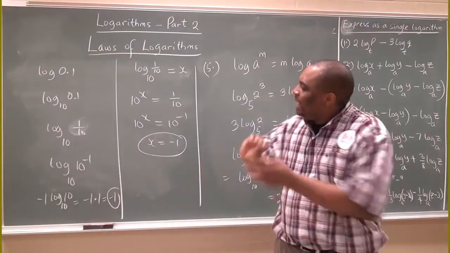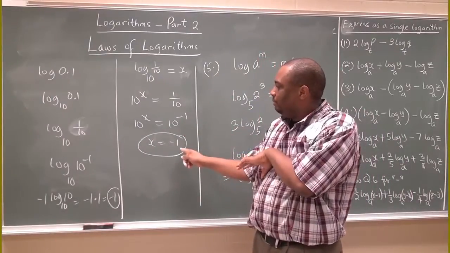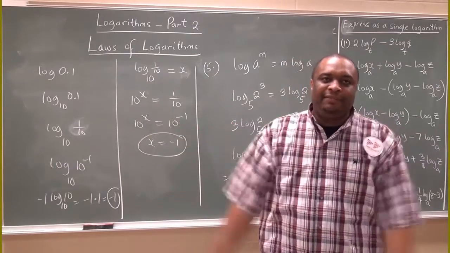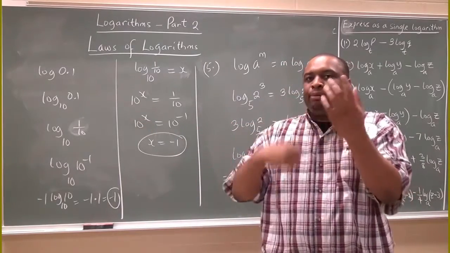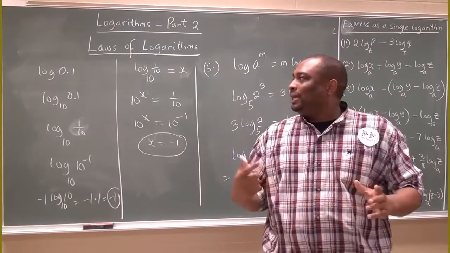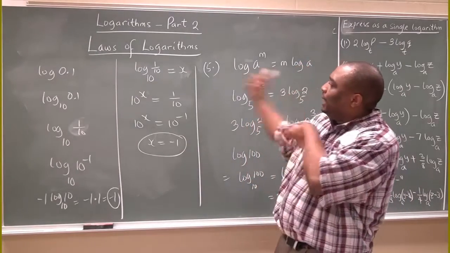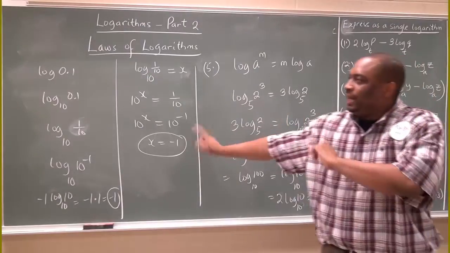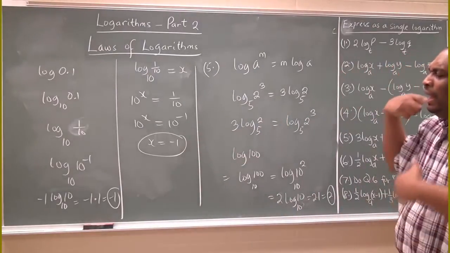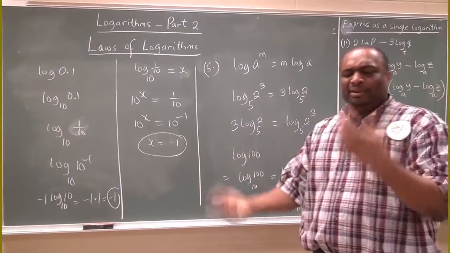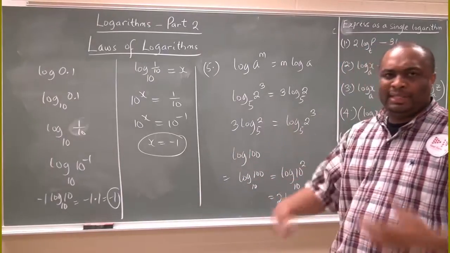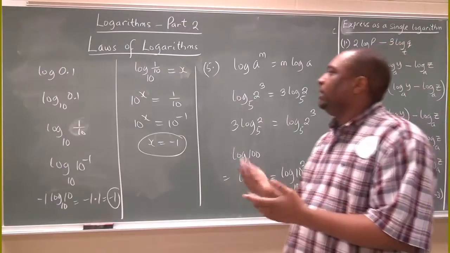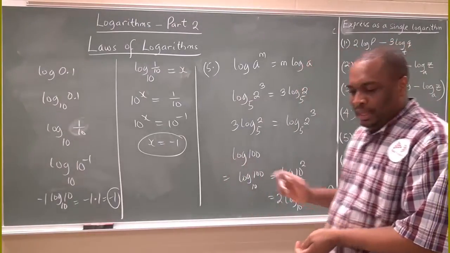But I had to teach you that method first, because it is the definition of logarithms. After you understand the definition, you then learn the laws of logarithm. Practice makes perfect. By the time you do a lot of it, you will master it.